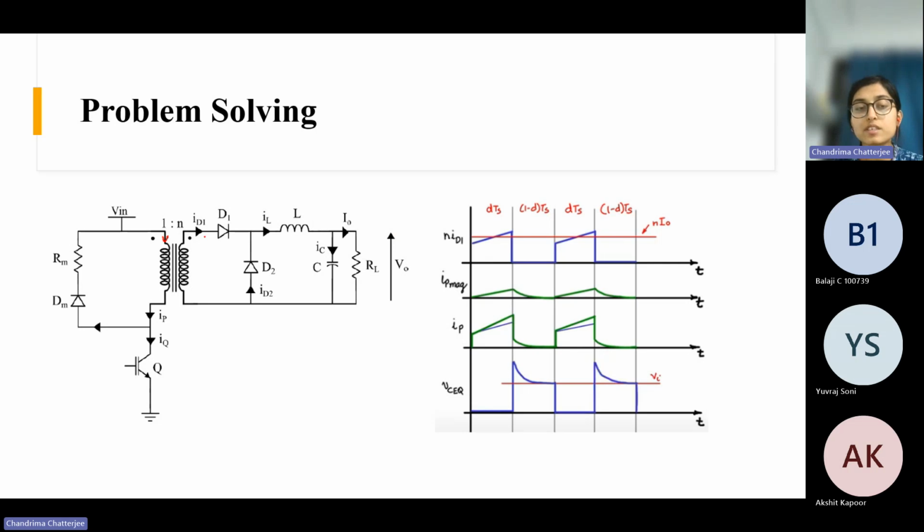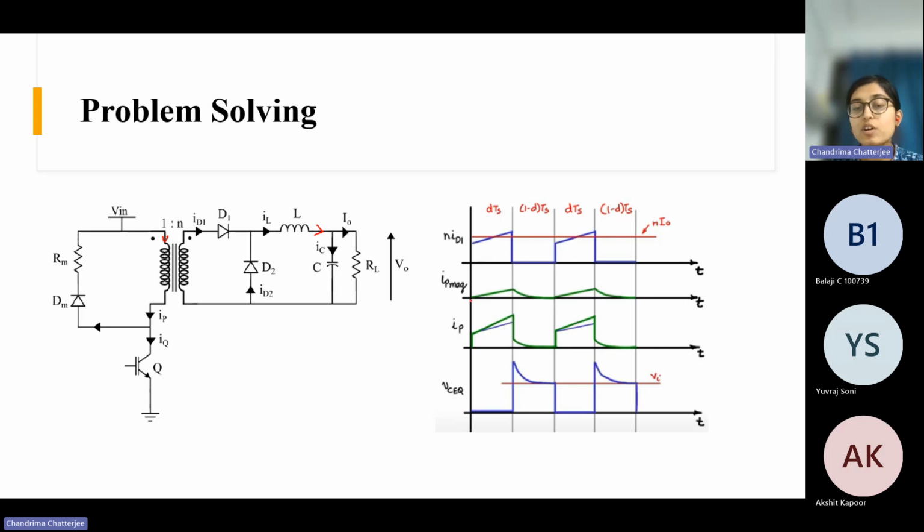One is the load reflected component, another is the magnetizing current component. The load reflected component comes because on the load side, some current is going via the inductor to the load. That component gets reflected to the primary side, with the turns ratio properly incorporated in this calculation.